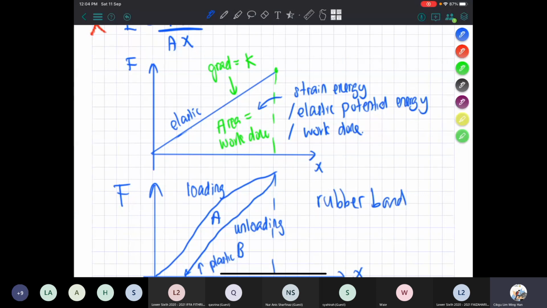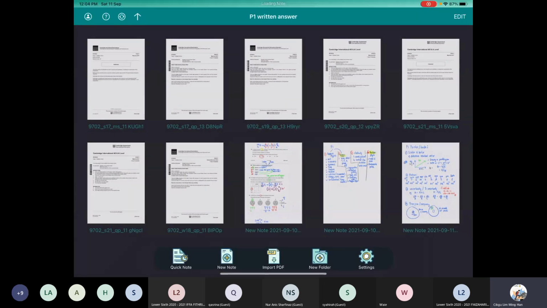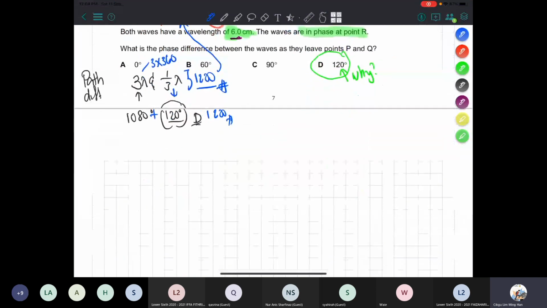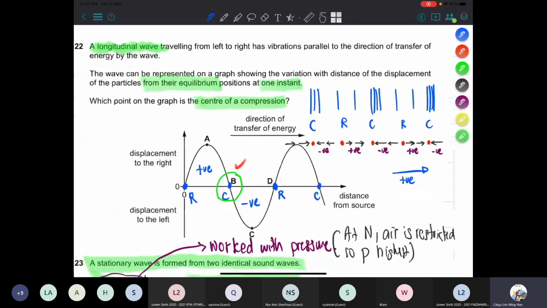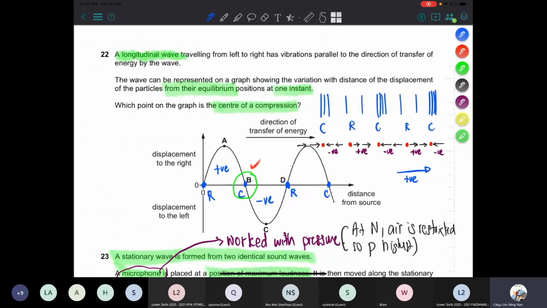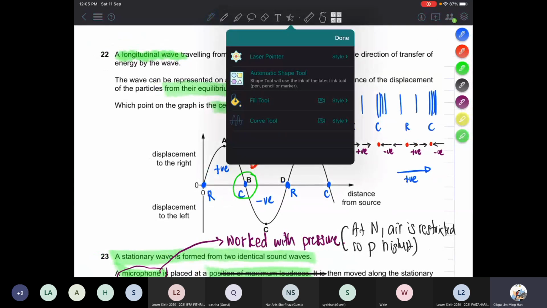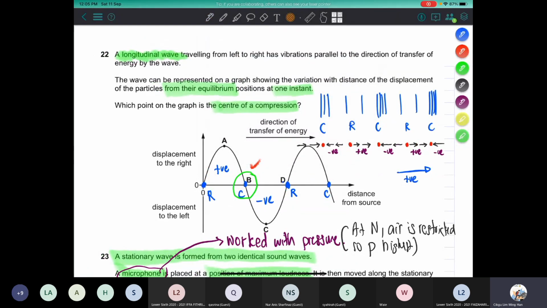Now, just want to explain about yesterday, ada soalan yang we somehow hard to explain. I just go through the Google and then I managed to get the idea lah. So I like everybody to look at question number 2 here. Ini last sebelum we log off. Question number 2 here, you have a longitudinal wave travel from left to right, has a vibration parallel to the direction of the transfer of energy by the wave.